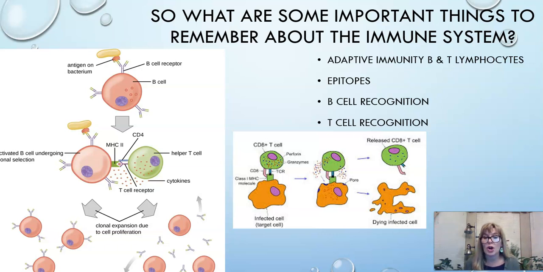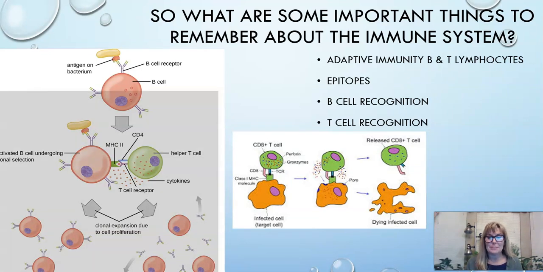MHC markers are major histocompatibility markers, but one of the things that's important about them is they help us determine self versus non-self. So kind of an important concept. All right, let's continue forward.